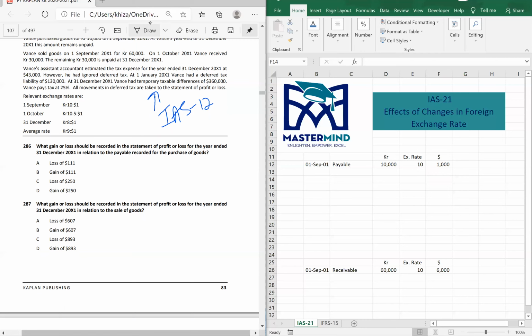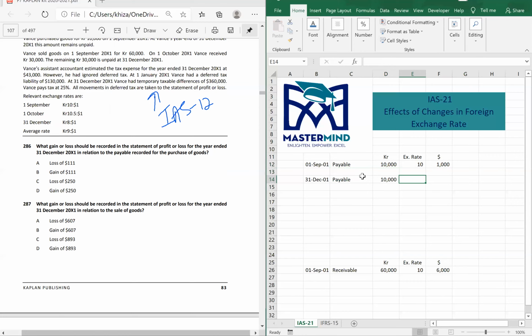Now, since none of the amount was paid back, this whole amount was outstanding on 31st December 2001. The only thing that changed was the exchange rate, because there was no amount paid. Will we take the average rate or the rate on 31st December 20x1?